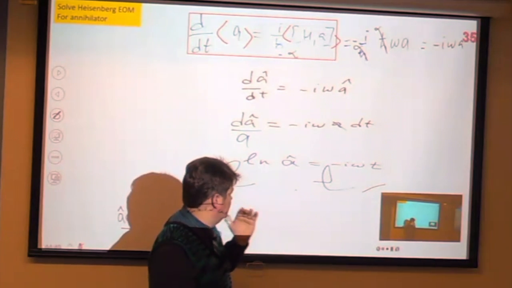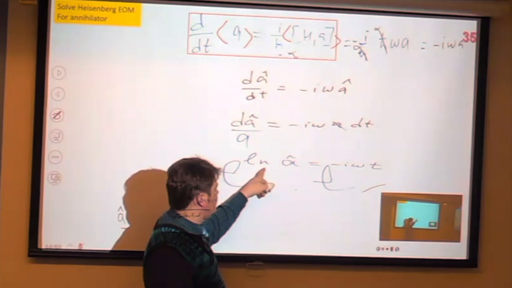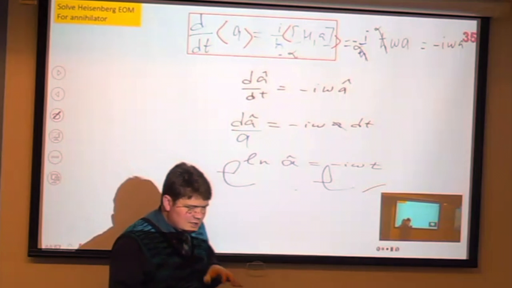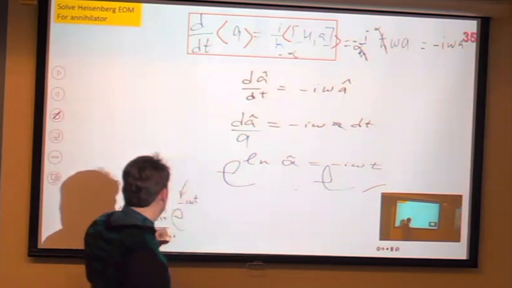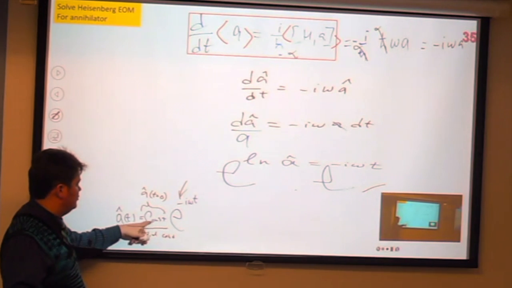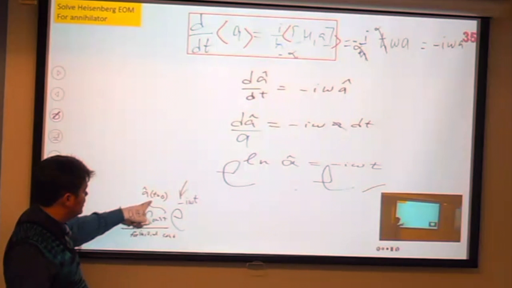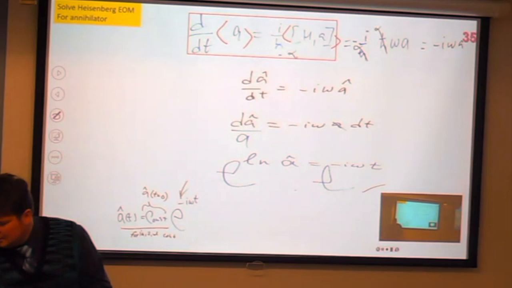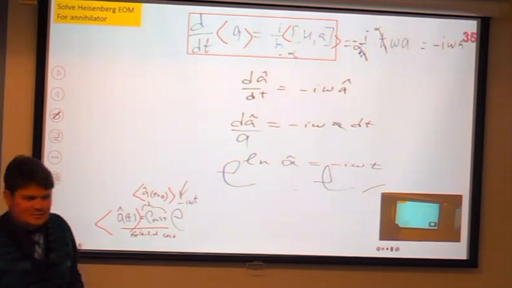Right? And on the left, the exponential of the logarithm will be a. And if you want to be rigorous, then we need to place the initial condition here, which can be an operator, or, if we are talking about the expectation value, at time 0. So I need to keep our mental sanity.